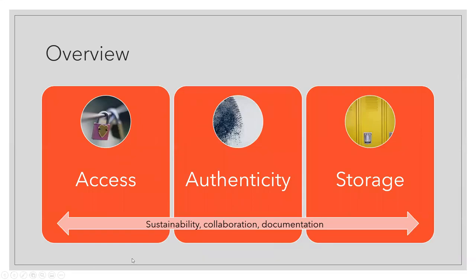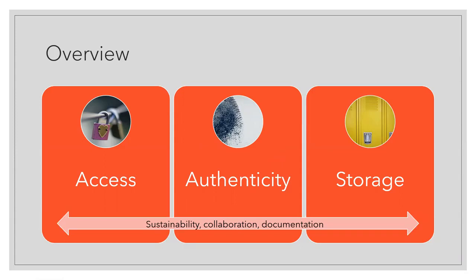So yeah, just as an overview, kind of generally speaking, you have your access, authenticity, and storage, and then an undercurrent of sustainability, collaboration, and documentation. So when you're thinking about the level of authenticity you want to provide, you should think about, is it sustainable? How can we collaborate with people to achieve the level of authenticity that we want?